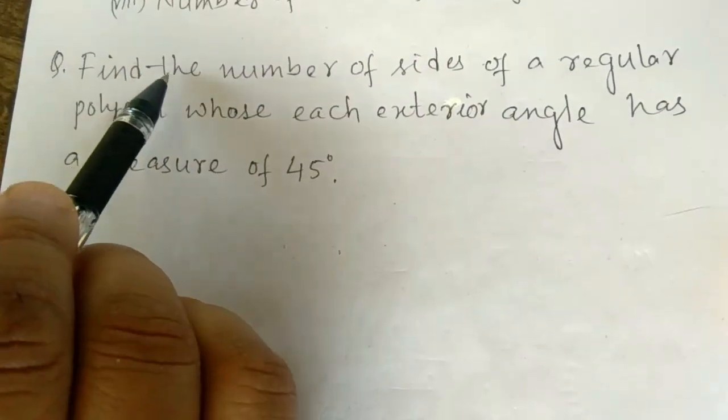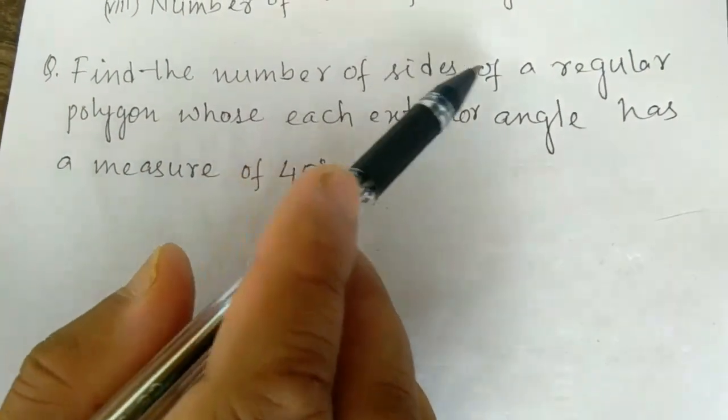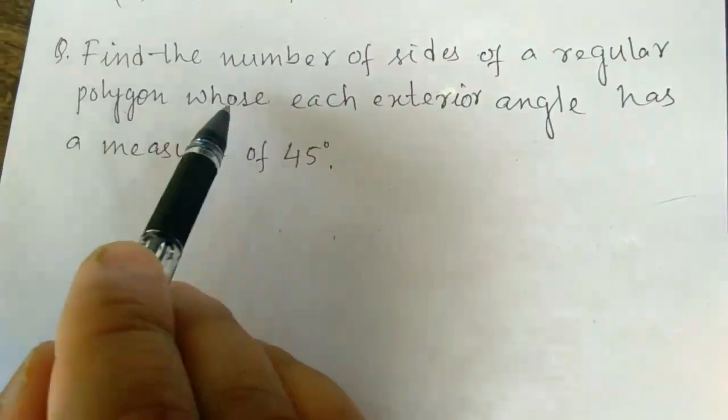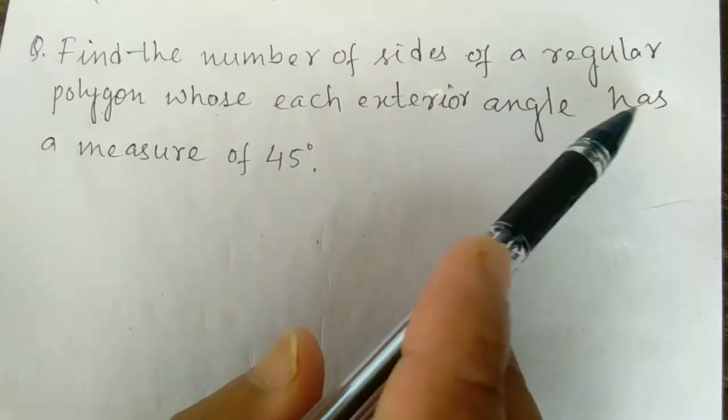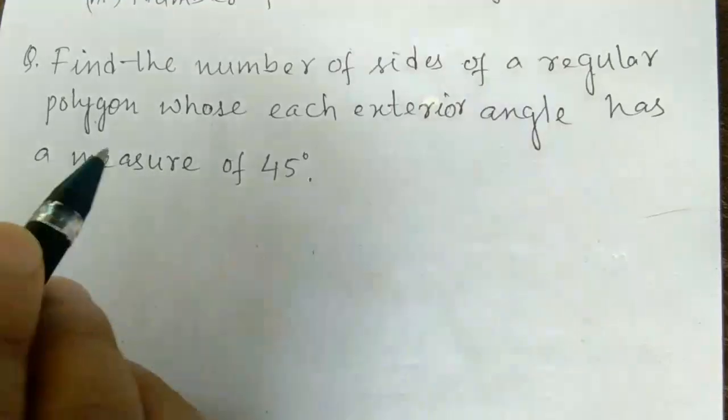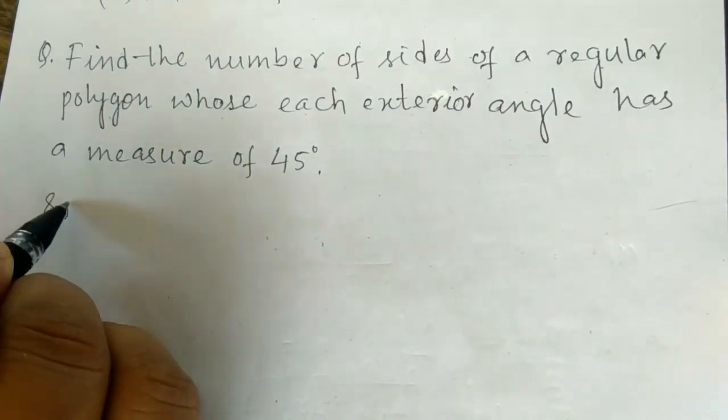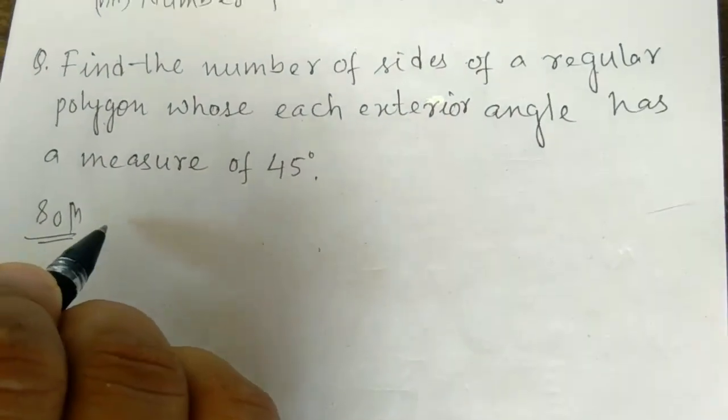Question, first question: find the number of sides of a regular polygon whose each exterior angle has a measure of 45 degrees. Okay, so solution, how to find the number of sides.